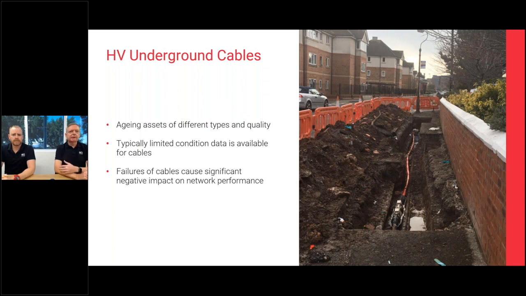We've got different types of assets, different types of quality. When XLPE was first introduced into the network, the way the manufacturing would happen was maybe not so well understood, and not so good quality cable was going in. So we've got different types of cable, the XLPE, the PILC, and different manufacturers going in there.